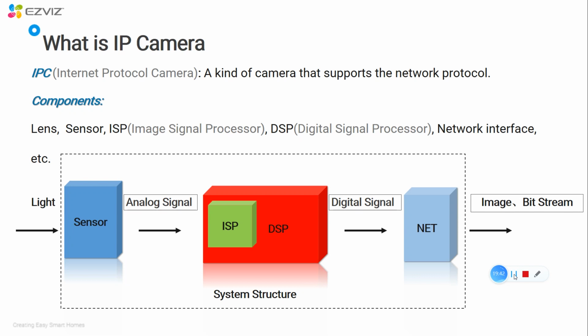The IP camera works as follows. Light enters the sensor. The sensor converts the light signal into an electronic signal, which is an analog signal. The analog signal is converted into a digital signal by the ISP module.